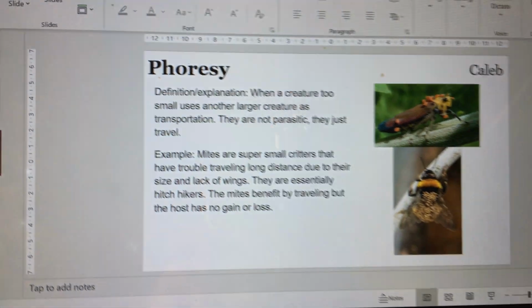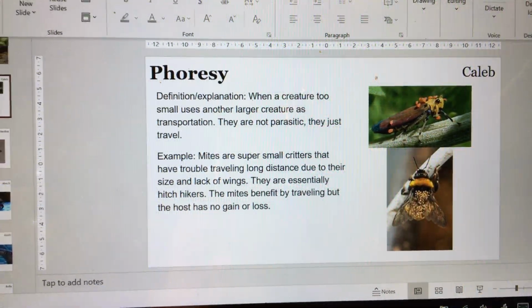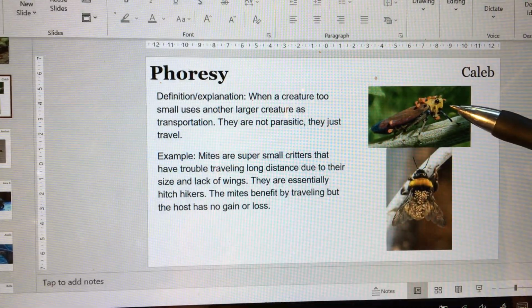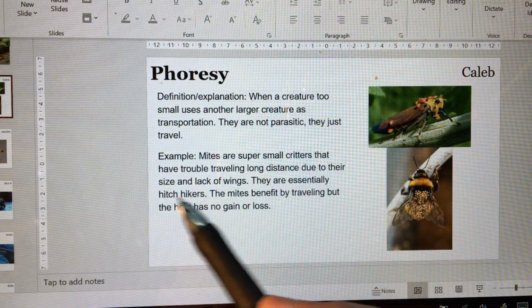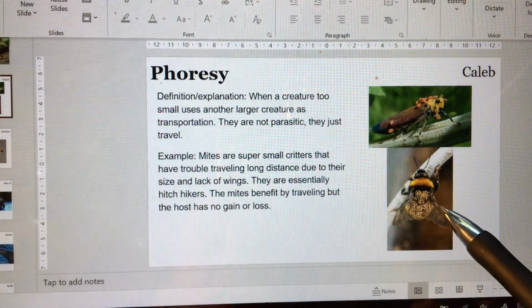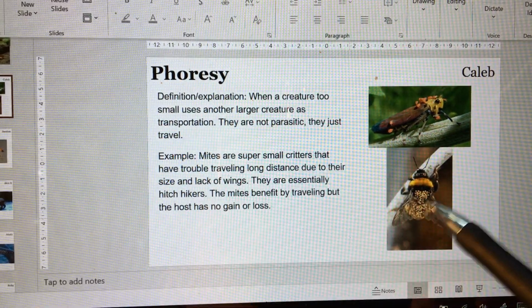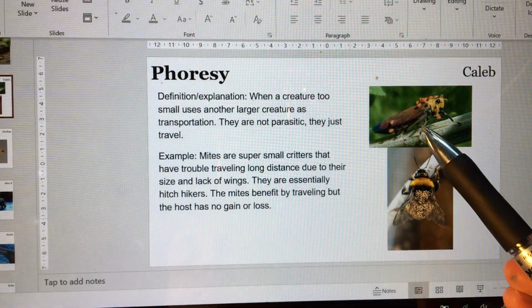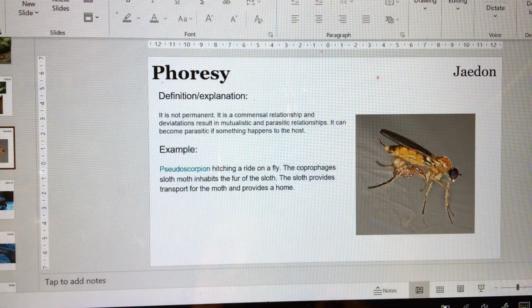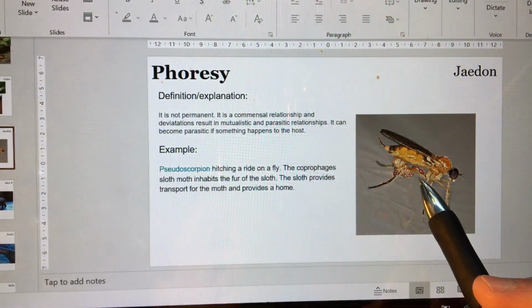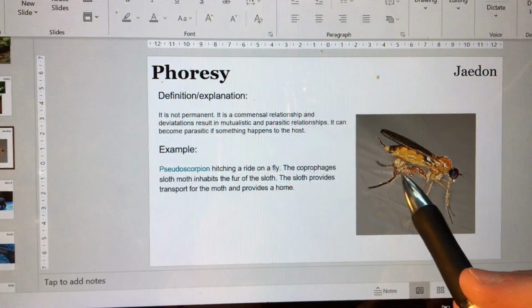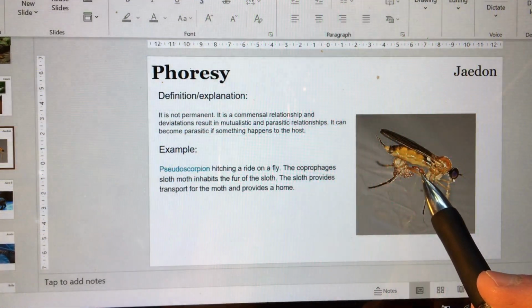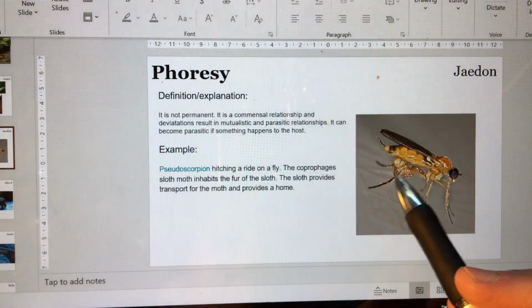For instance, here are some mites. They're super small critters. They don't have wings, but they will attach onto other creatures so that they can travel along with them and distribute themselves. Here is a pseudoscorpion. They're super weird. They just latch onto the legs of different flies, and that's how they get around.